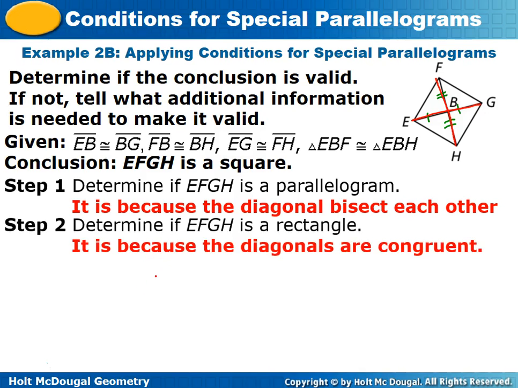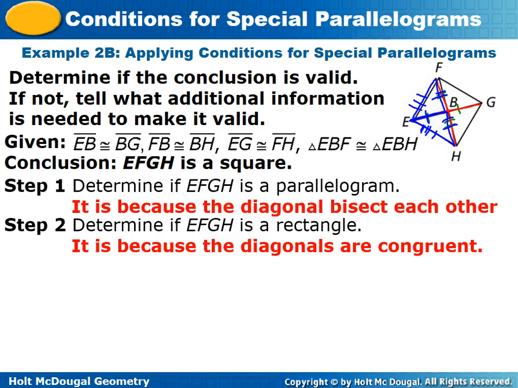The next condition that's shown in this drawing is that we have two triangles given. We have EBF is congruent with EBH. Well, I see that we have two ticks here, and two ticks here, and one tick here. So because these are the corresponding sides that are left, we could say that those are congruent, right?